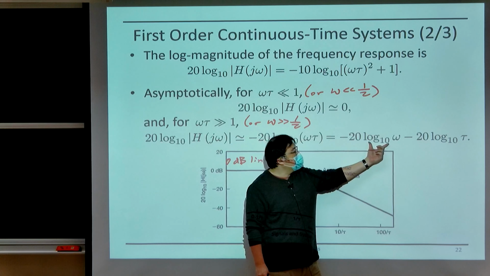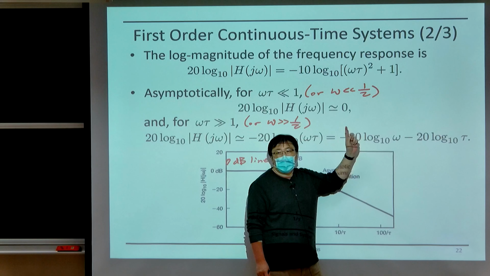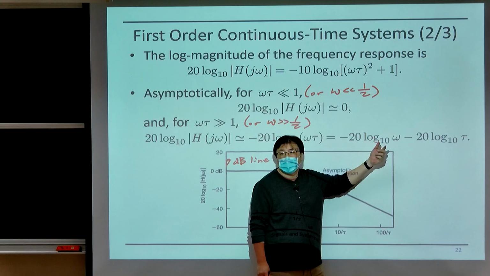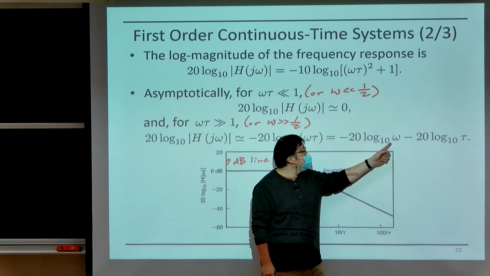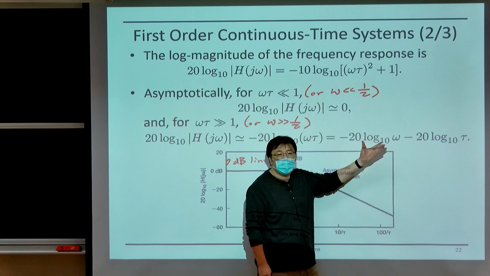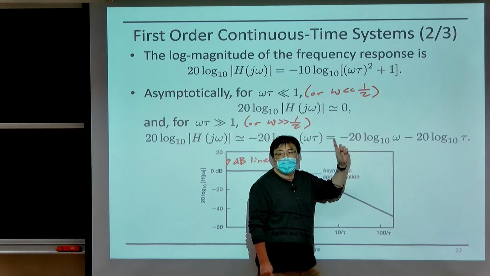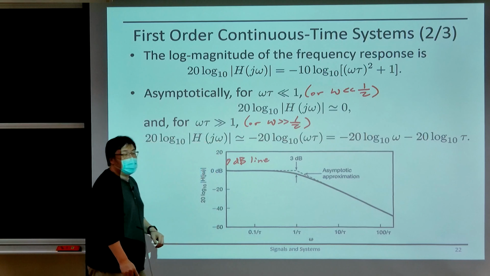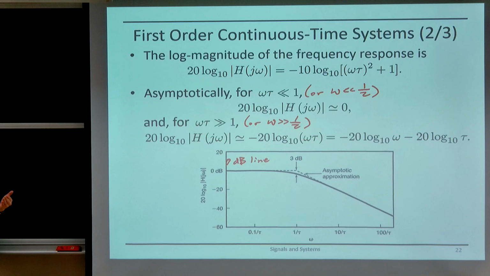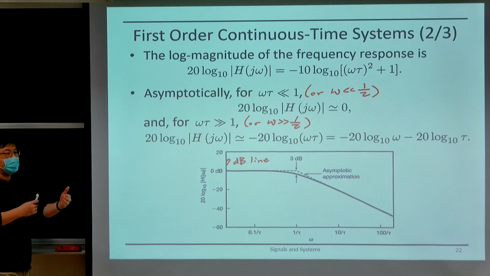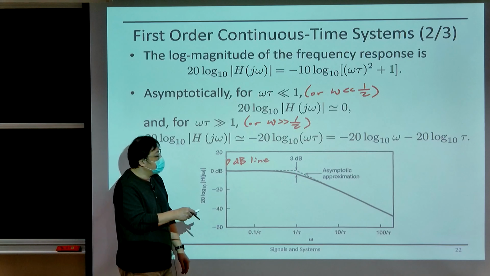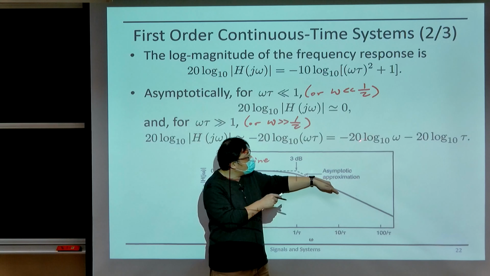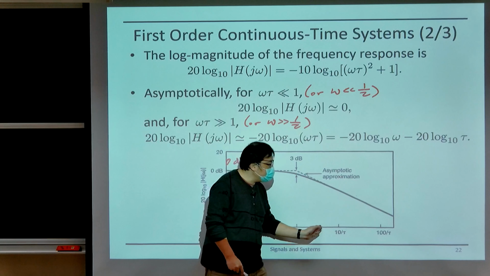So when do you increase log 10 omega by 1? It is when omega is multiplied by 10 times. So every time omega increases by 10 times, log 10 of omega increases by 1. A 10-fold increase is called a decade. So this means that the gain will decrease by 20 dB every decade.